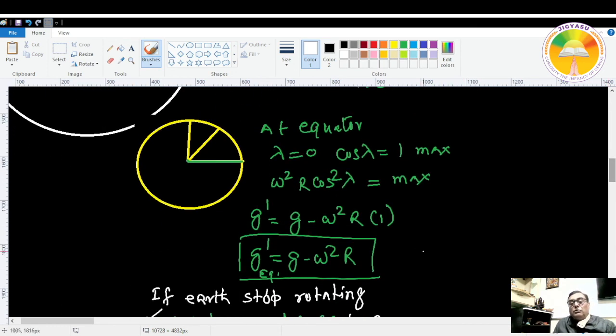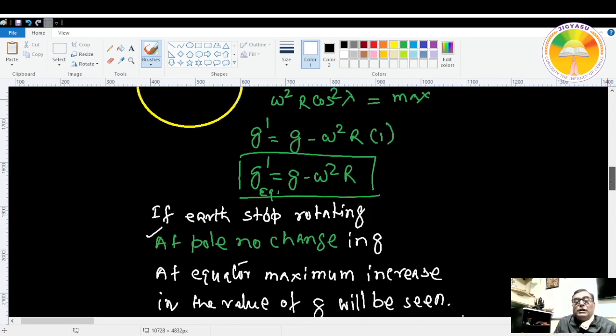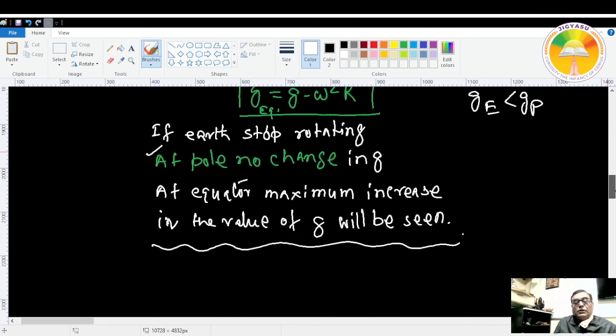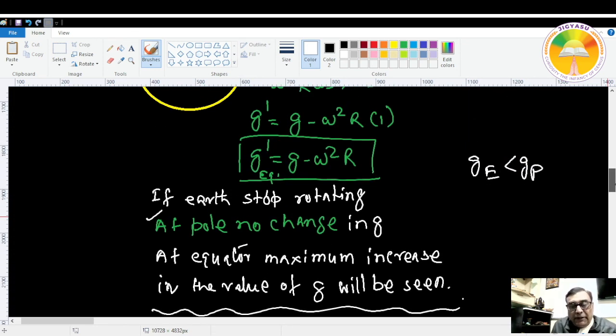Whereas at the equator, the angle lambda is 0 radian, cos 0 is 1, therefore the decrease factor is maximum, and g dash is lesser, so g at the equator is smaller than g at the pole. So I hope today's discussion was useful to you. Thanks for watching.